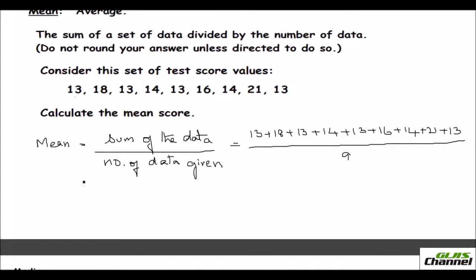Normally the mean value is shown like this, x bar. So x bar, the total, when I add up, comes up to 135. The sum is 135 divided by 9 and your answer is 15 here. So your mean value, the average of these scores, is 15.